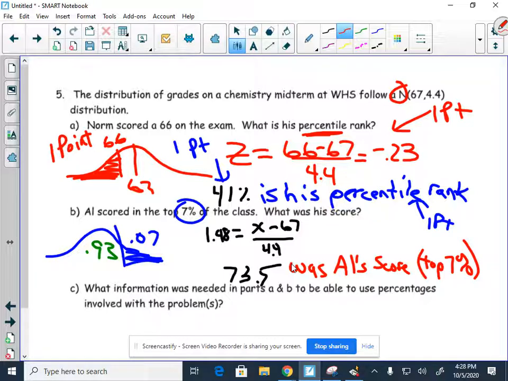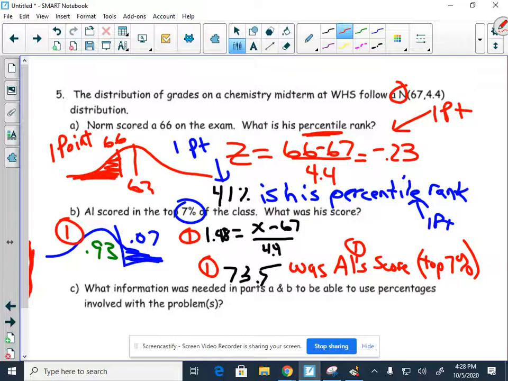Context. Again, 4 points. 1 point here, 1 point for the answer, 1 point for the context, 1 point for the z-score, 4 points. Very consistent the way I score those for you. So make sure you get the different things.